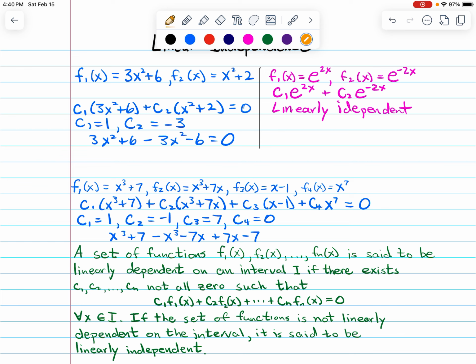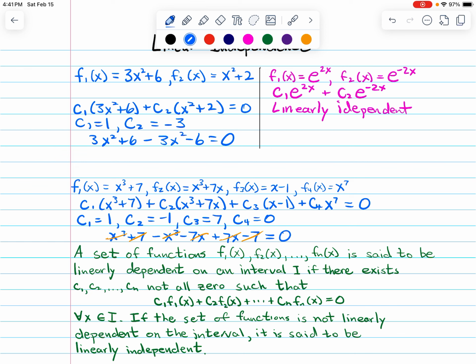And let's see what happens here. The 7's cancel, the 7x's cancel, and the x cubes cancel. Ooh, 0. So that set of functions, we say it is a linearly dependent set because I was able to find those constants.